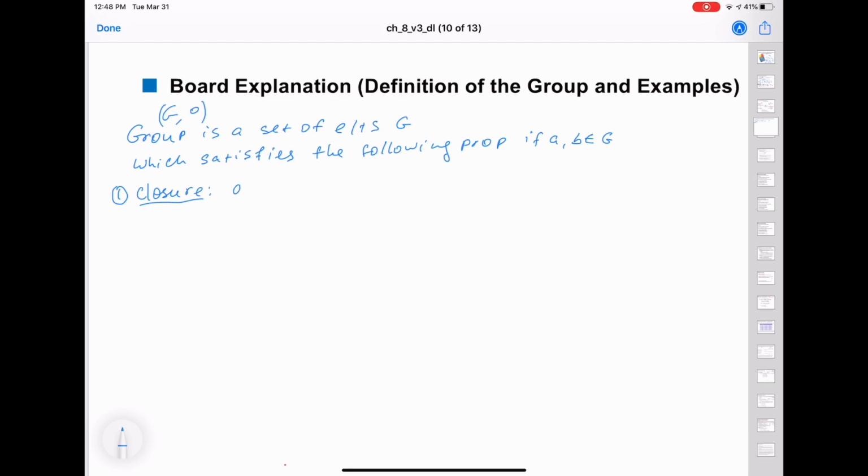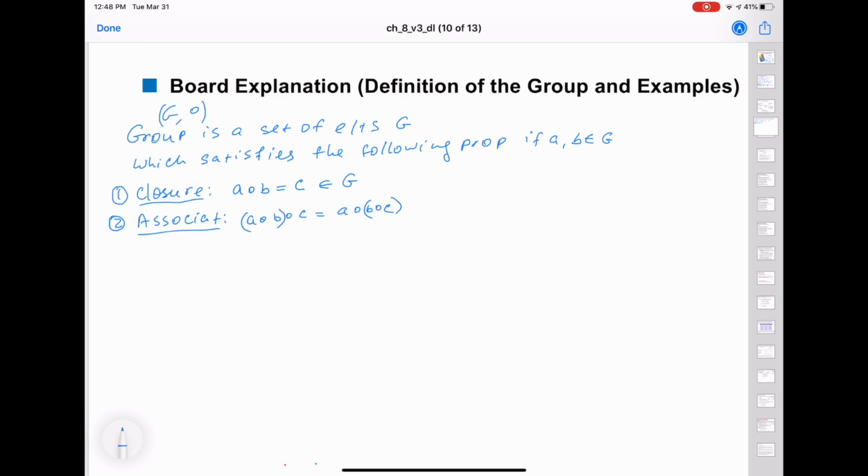So if you are doing A operation B, you are getting actually C, and this element has to be inside of the group. Second thing is it has to satisfy associativity. What does associativity mean? If you exchange the parentheses, nothing changes over here.